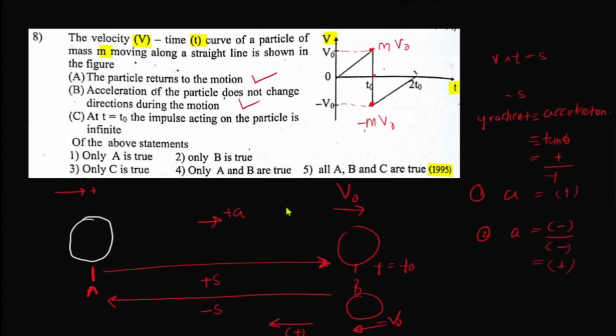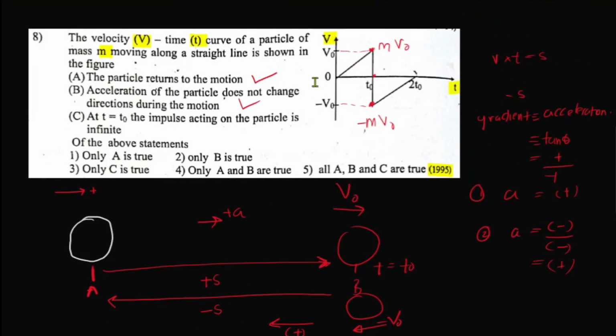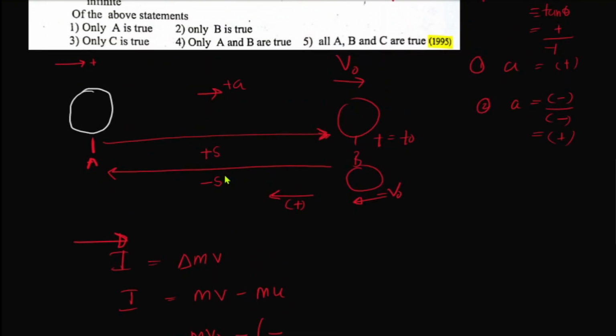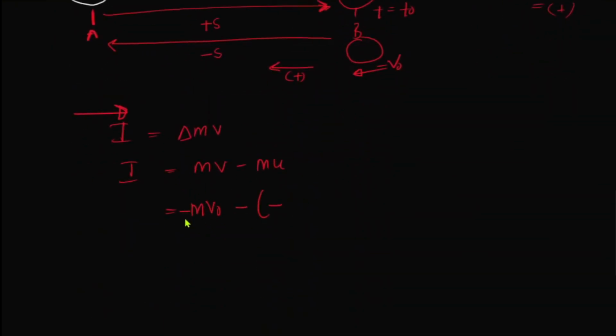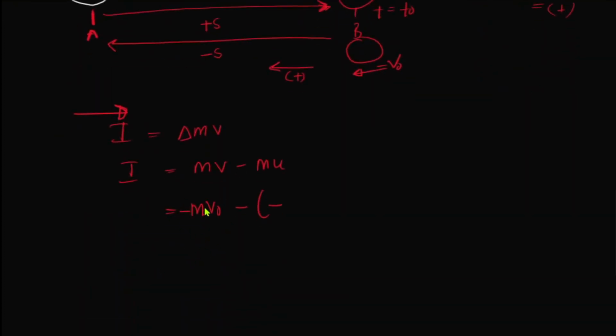I will apply the impulse equation in this direction. What is the final linear momentum? Final linear momentum is negative. Why? Because it's in the opposite direction. It's directed towards this side, towards the left. So therefore it's negative mv naught.